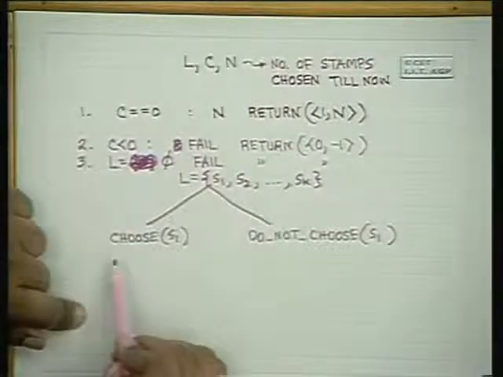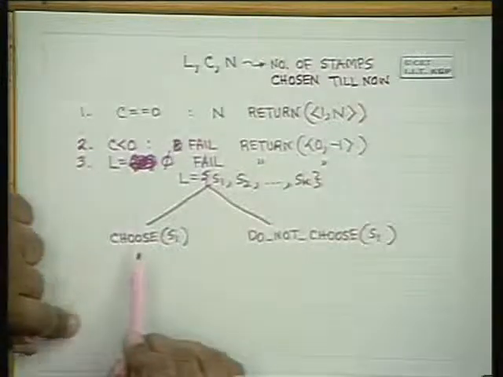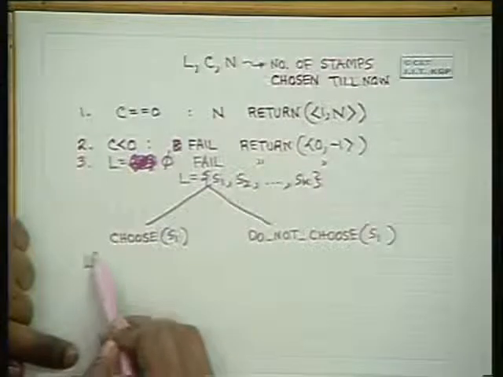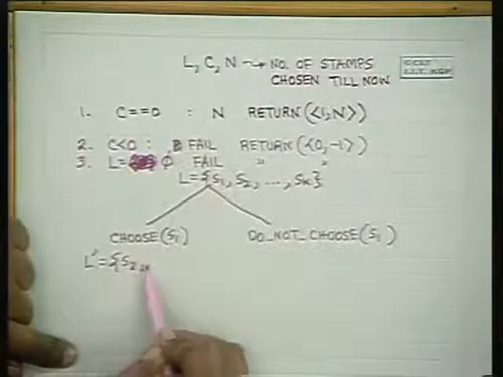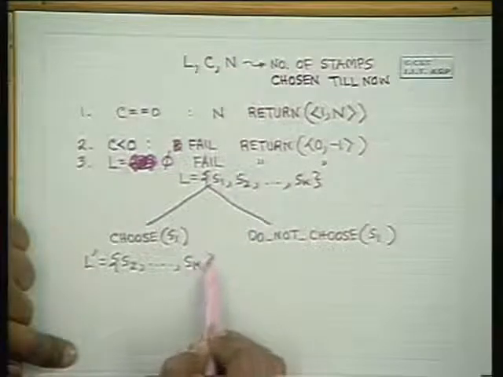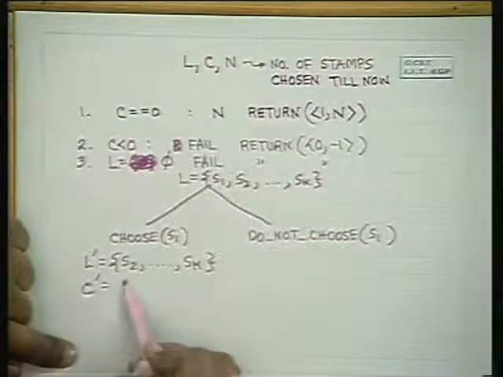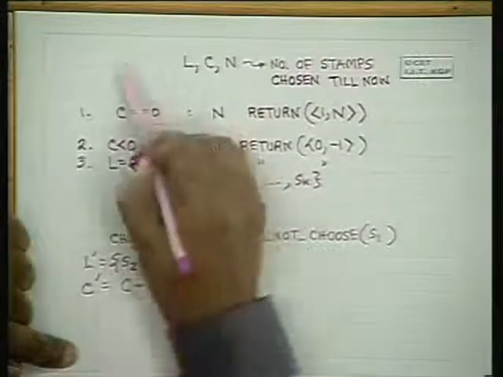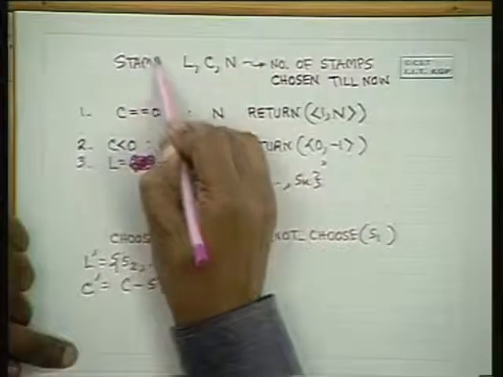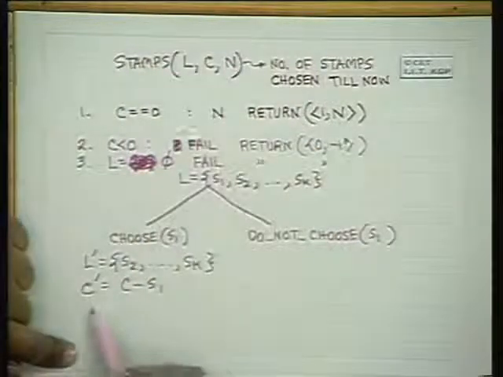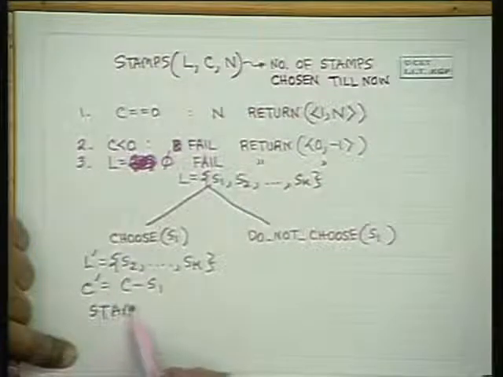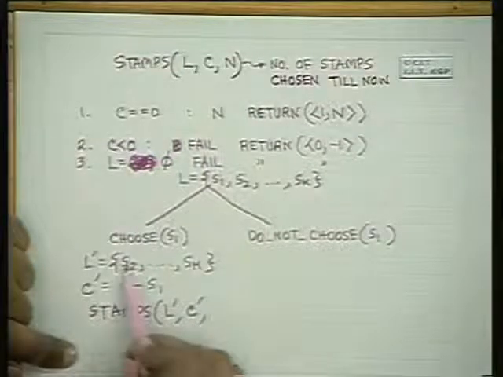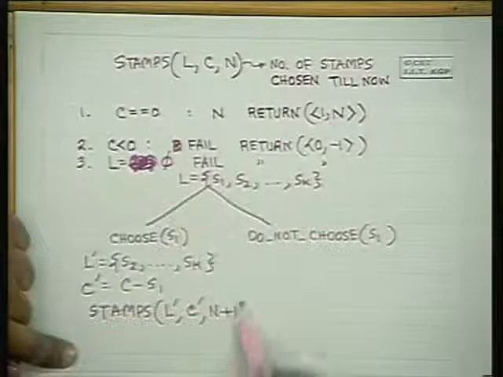If I take S1 and I am sure to take S1, then I will make L dashed equal to S2 right up to Sk, C dashed equal to C minus S1, and I will recursively call it, if this was stamps LCN, I will call stamps L dashed, C dashed, and since I have taken one stamp, N will be one more.